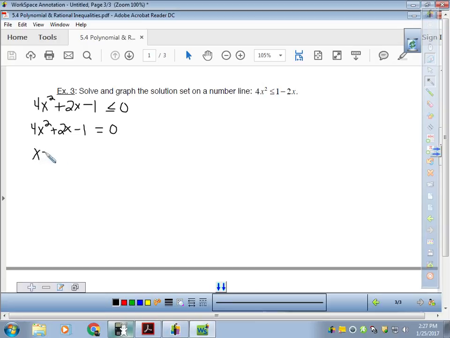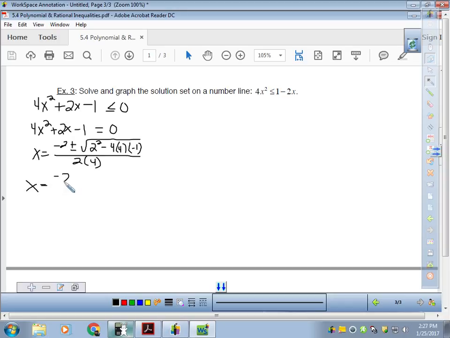So we'd have x equals negative b, so negative 2, plus or minus the square root of b squared, so 2 squared, minus 4 times a, which is 4, times c, which is negative 1, all over 2 times the a, which is 4.